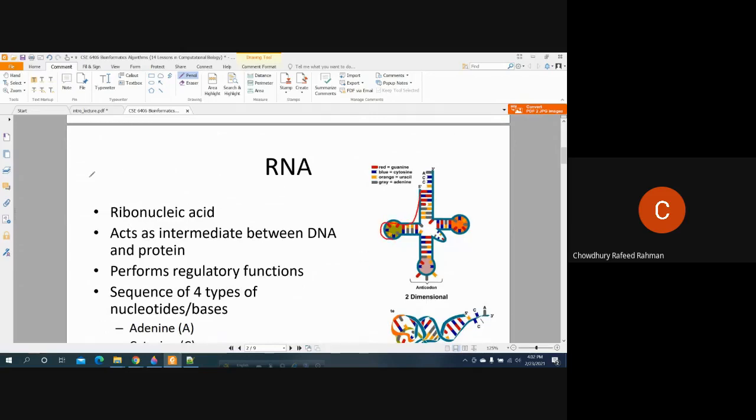Suppose I have a long strand right here, and I'm just rotating this strand. So this may seem like it's double or triple stranded, but it's actually not. It's coiled. So RNA stays in this coiled way, but it's actually single stranded. It's one full strand starting from here and ending here.